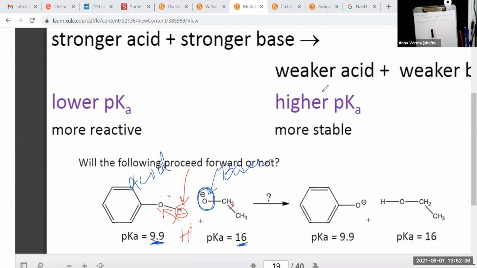And we have seen low pKa value indicates high acidic strength, right? So this is definitely your acid. This is definitely your base. Any questions?